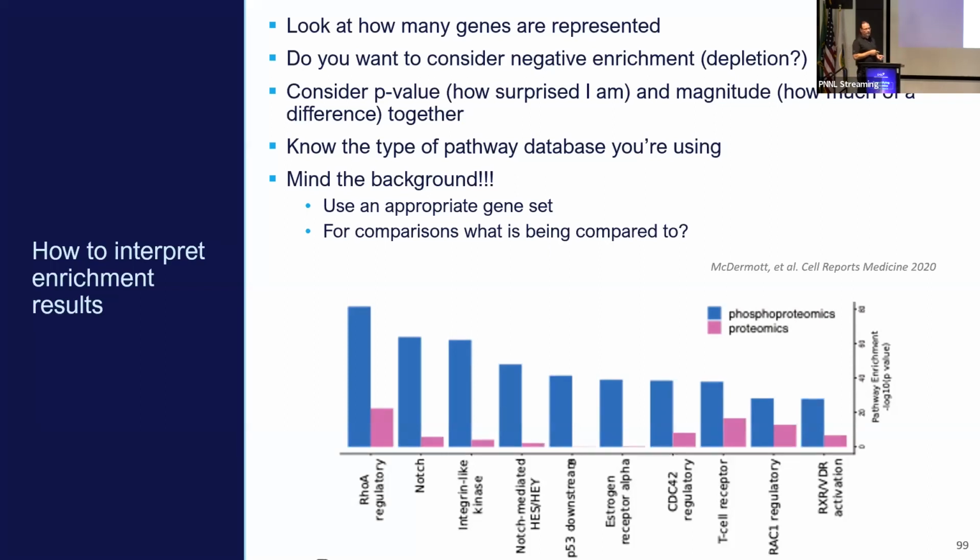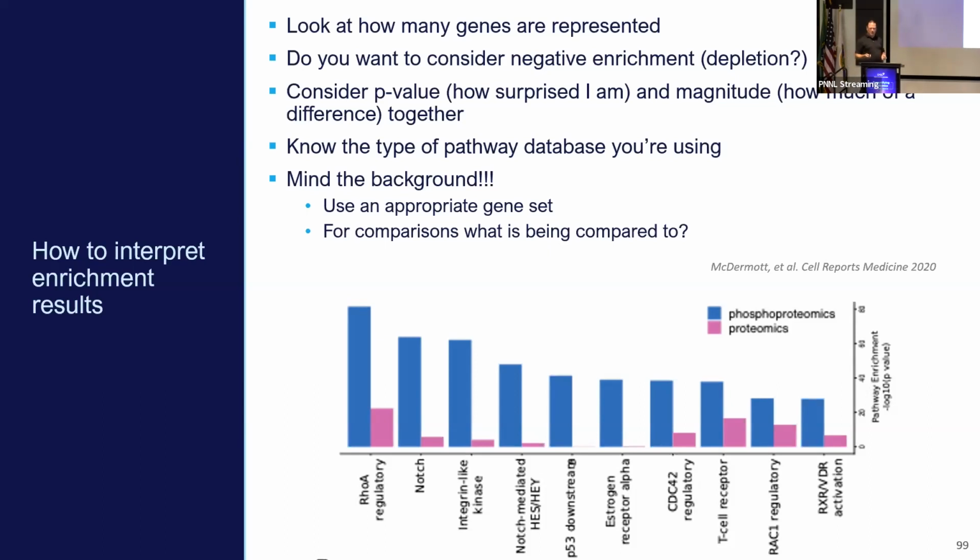I think I emphasized this before, know the kind of pathway database that you're using. Most of the tools that I'll talk about either have their own pathway databases that they constrain you to use, at least in the web versions of them, or they allow you to select from pathways. And mind the background.